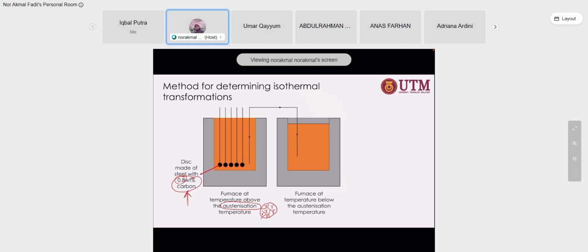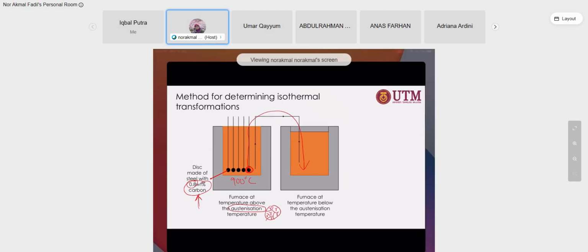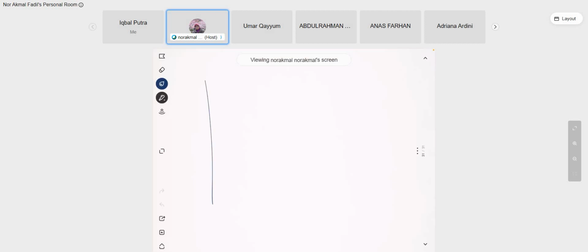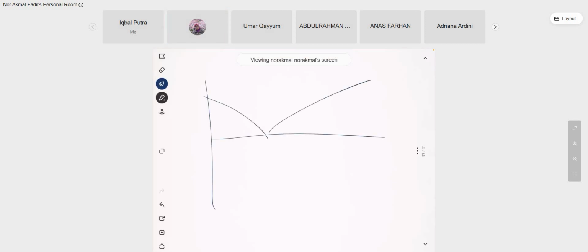From this first sample, you quickly transfer into a furnace at that particular temperature, for example 900 degrees Celsius. Let's say this is 723, and this is 0.76.